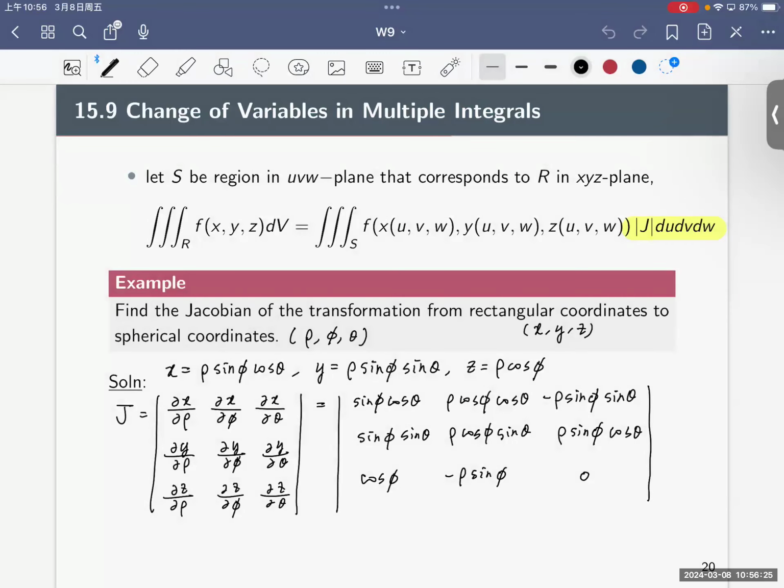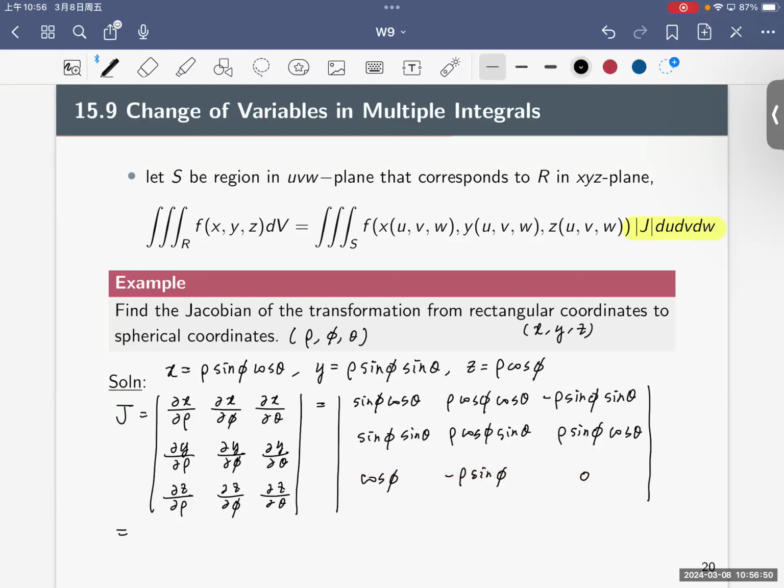I need to find the third order determinant from this matrix. I observe there's a 0, so I can start with the row or column containing 0 because it's easier. So I will choose to expand with respect to the last row.